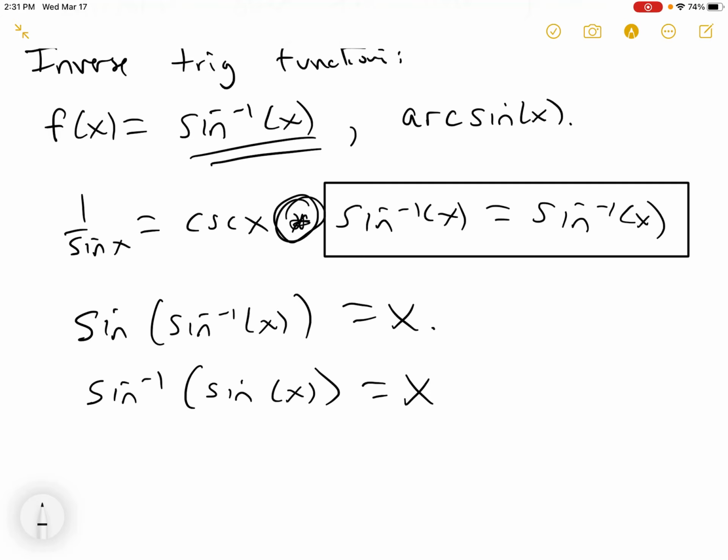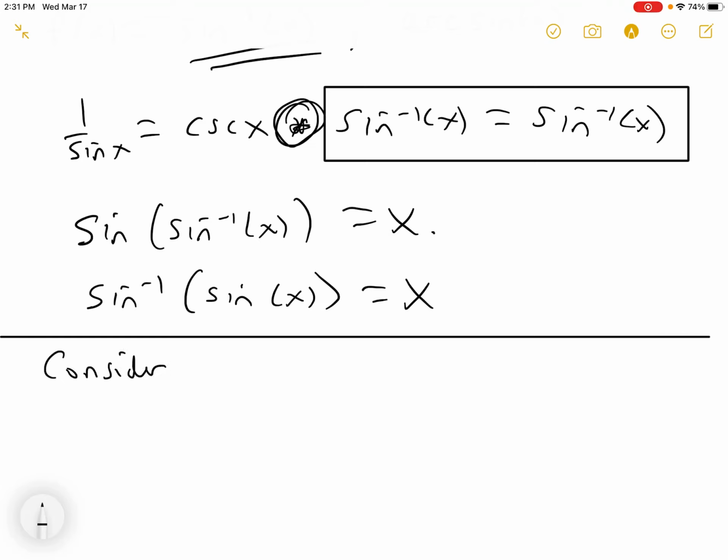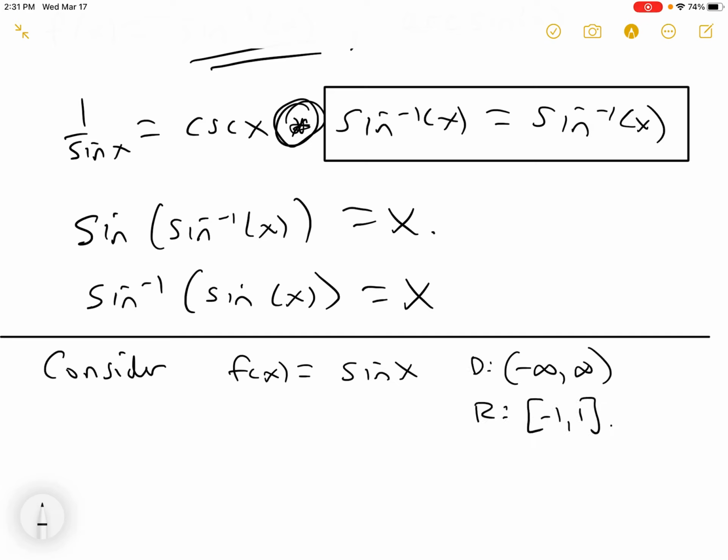All right, so now we want to get a handle on what this sine inverse is. So first of all, let's look at sine. Consider the function f of x equals sine x. The domain is all real numbers, and the range is -1 to 1, right?